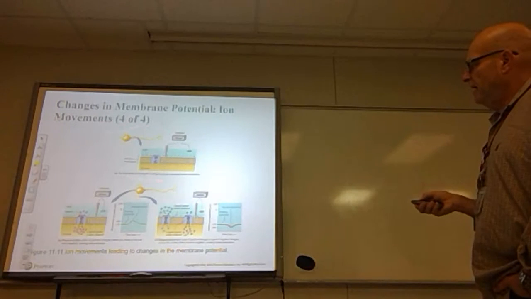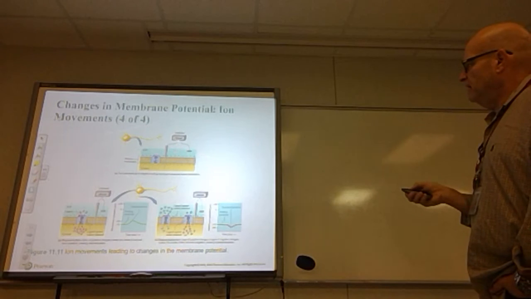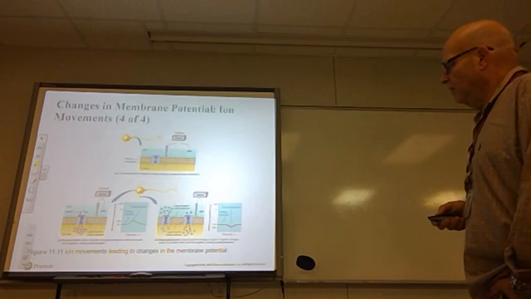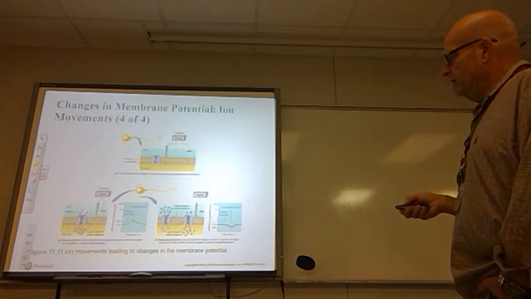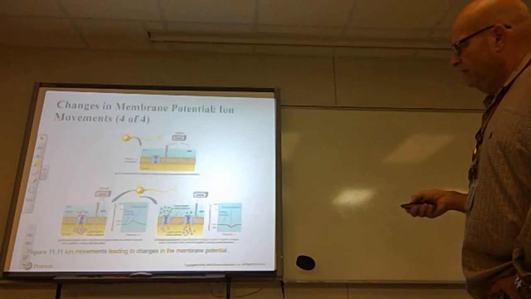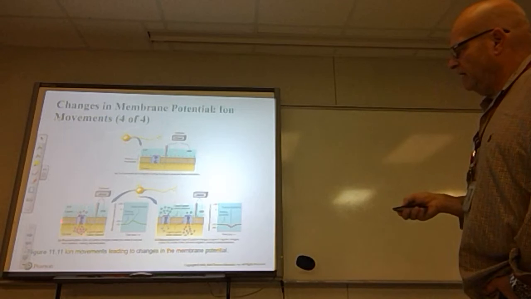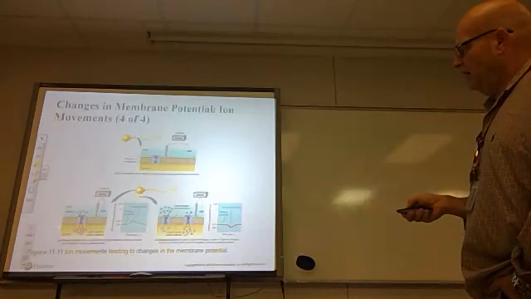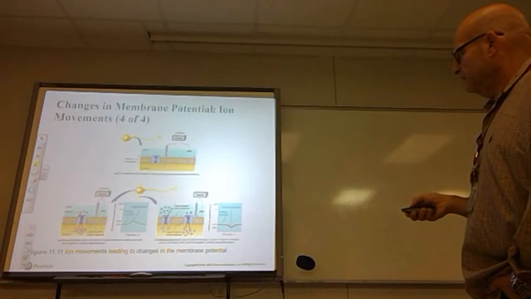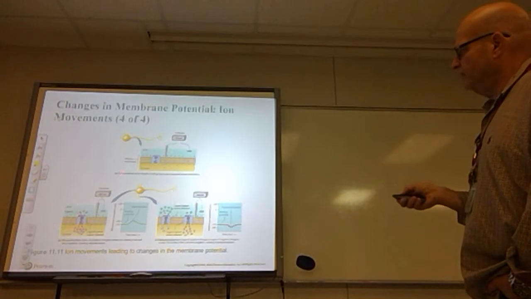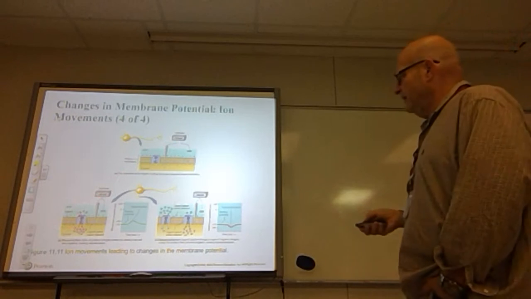Here's the first, A, showing equal numbers of positives and equal numbers of negatives at that negative 70 millivolts. Now the ligand is attached, and these positively charged particles are funneling in, creating a much more positive area over here than over here. You'll notice we've gone from 70 to, that looks like 60.